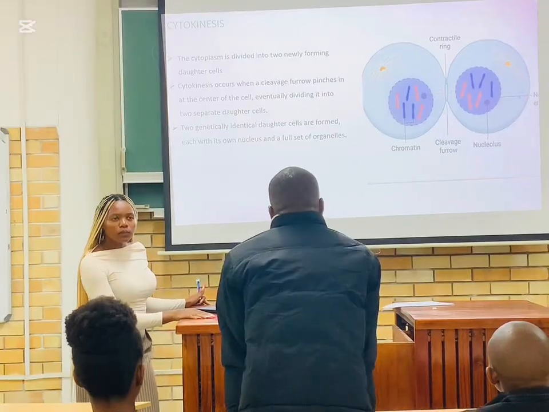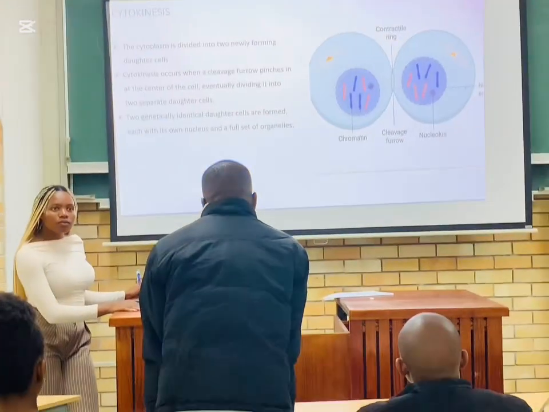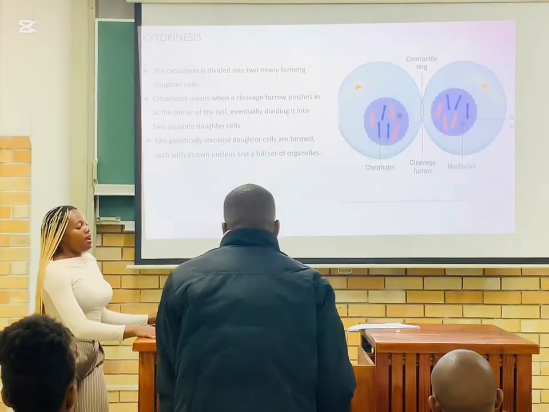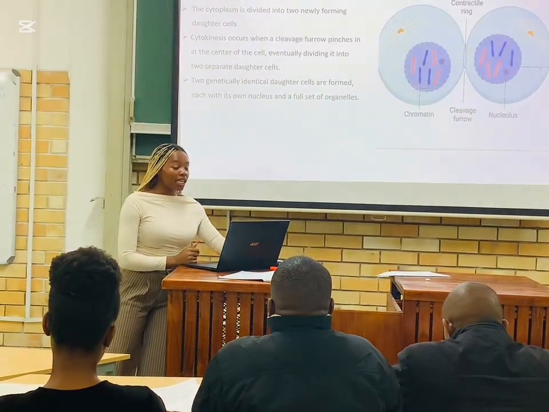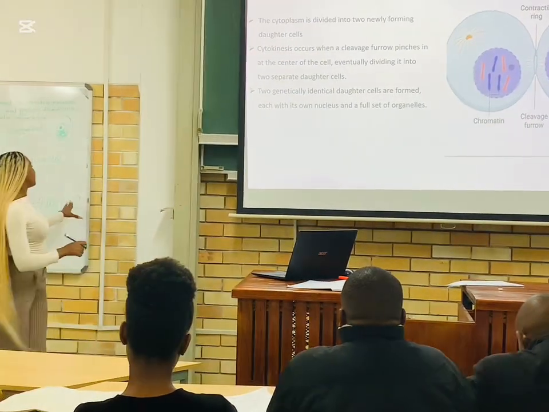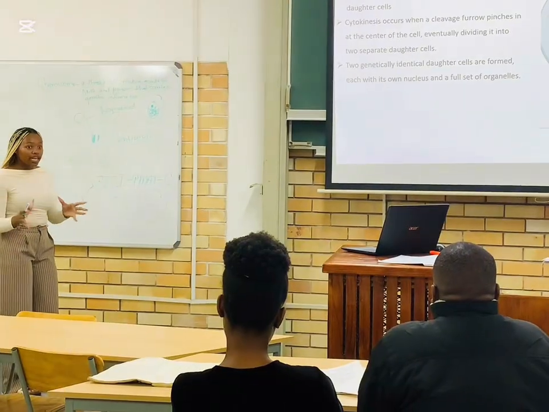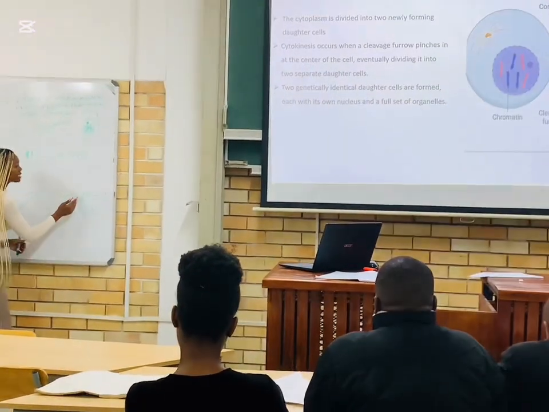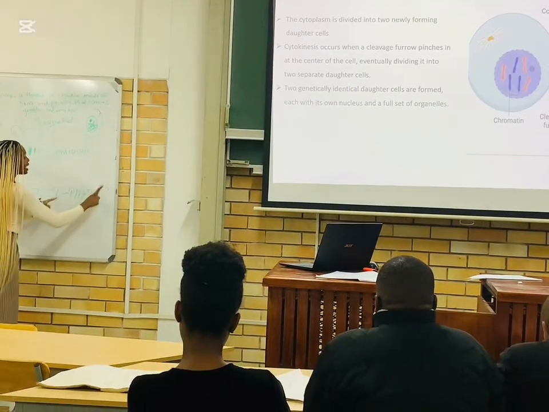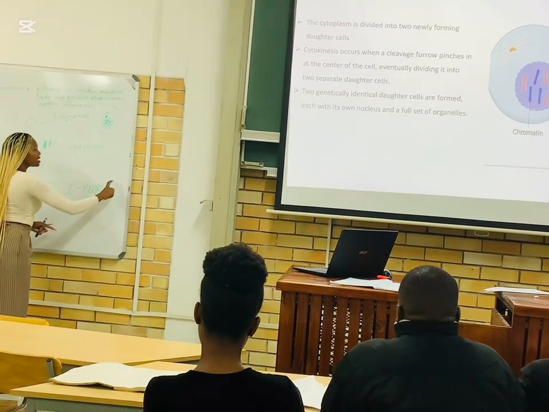When I say cytokinesis falls under the phase which is telophase. If I remember correctly, I said that cytokinesis right here is the last stage of the cell cycle, not mitosis. These are the stages of mitosis: prophase, metaphase, anaphase, and telophase, right? And then this stage is the last stage of the cell cycle.